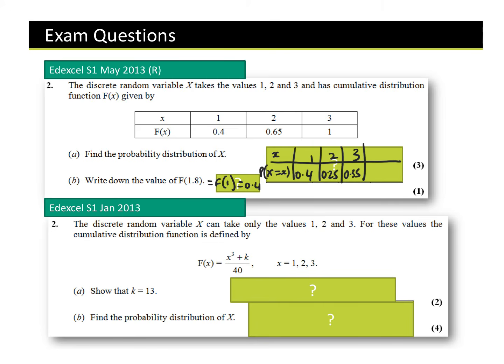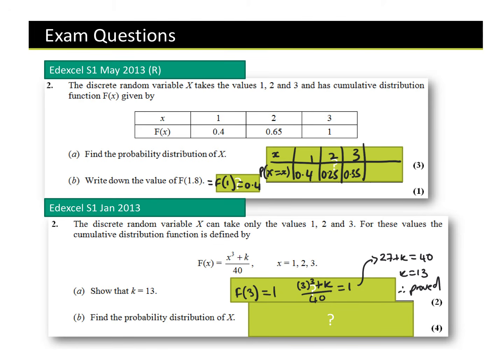So this means f of 3 equals 1. So I can now use this. (3 cubed plus k) over 40 equals 1. That then means 27 plus k equals 40, k equals 13, therefore proved.